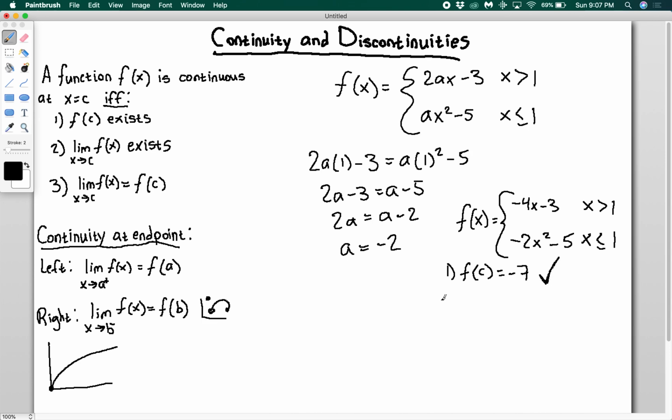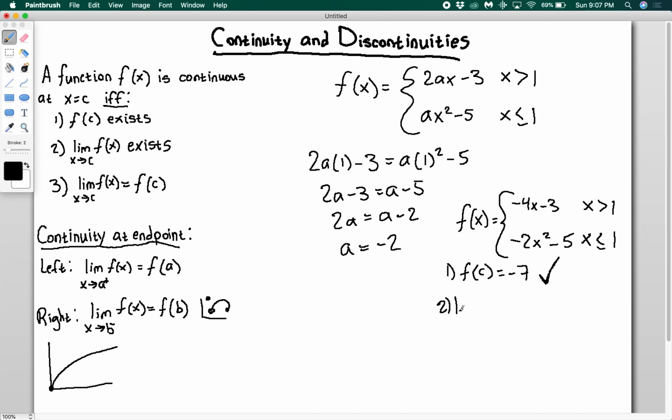For condition 2, does the limit as x goes to c of f of x exist? Here we check and see, does it work from the right and from the left? Because the limit only exists if the limit from the right and from the left both exist and equal each other. The limit from the left is the same thing we just calculated: if x is less than or equal to 1, it's negative 7. From the right, we have negative 4 times 1 is negative 4, minus 3 is also negative 7.